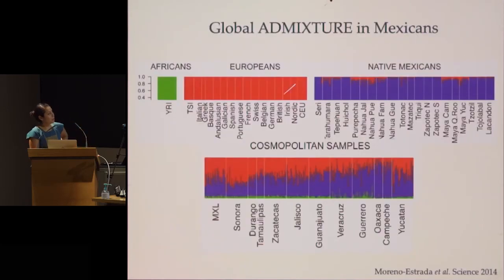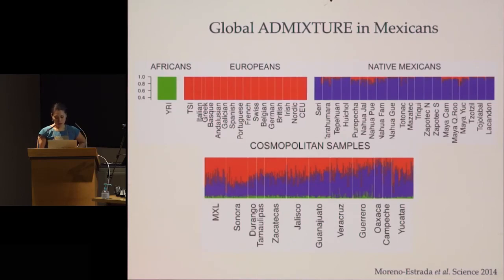So to put in context as well, we are more than familiar with these admixture plots. Back in 2014, when Andres Moreno Estrada published this very comprehensive work describing the genetic structure of Mexico, here are Africans, Europeans, native Mexicans or indigenous populations from Mexico, and what he called in his paper cosmopolitan samples, so these are populations from main cities in Mexico.